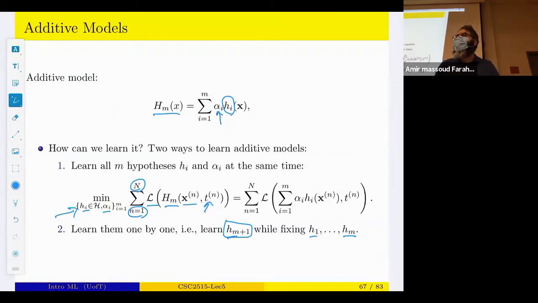Do you see the similarity with AdaBoost in this second procedure? Yes, the second one is exactly what AdaBoost is doing: it fixes the previous weak classifiers and just adds a new weak classifier at iteration m, and then continues doing it. The only difference here is that I use m as the index here, whereas I used a different index in the previous case.